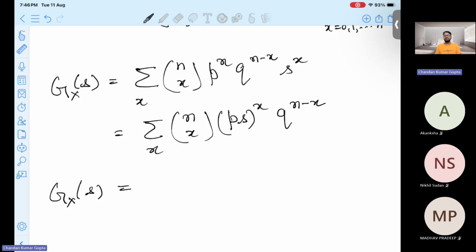This is actually the binomial expansion of (ps plus q) whole to the power n.